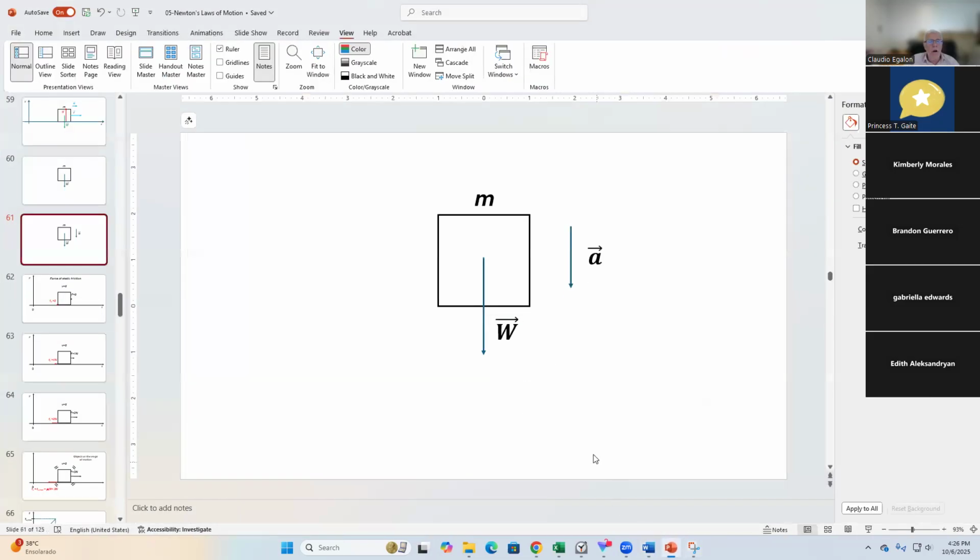Here's an illustration of this object subjected just to the weight. Net force is equal to the weight.